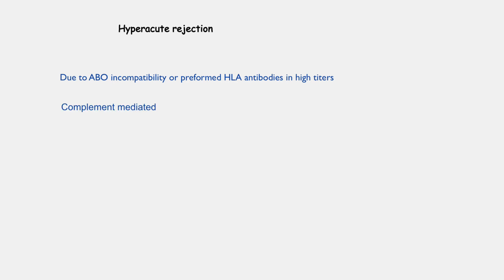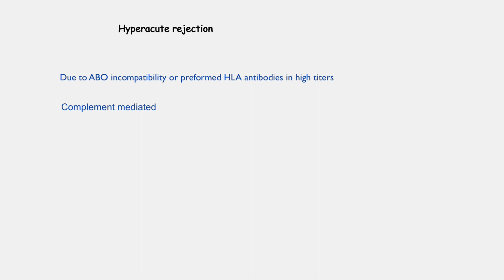Now let's discuss different types of transplant rejection, with transplant rejection in case of kidney transplant as a reference. Hyperacute rejection results from ABO incompatibility or due to presence of HLA antibodies in high titers. After revascularization during the transplant procedure, these antibodies bind to antigens present on vascular endothelial cells of the transplanted organ.